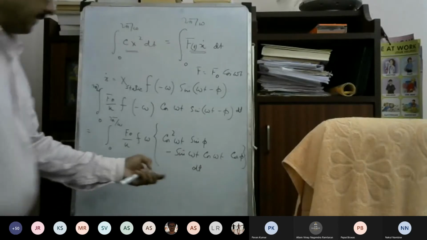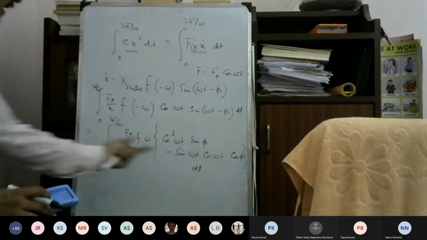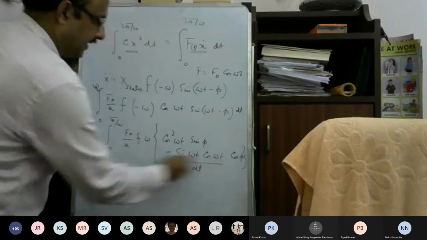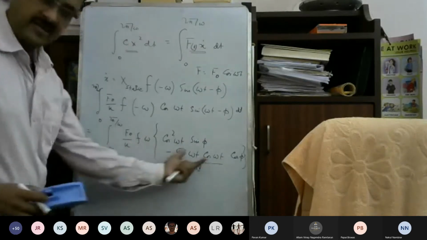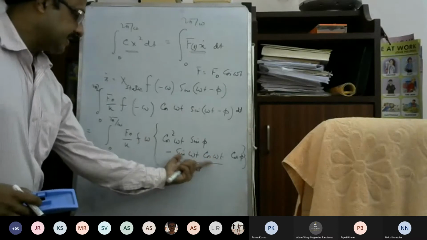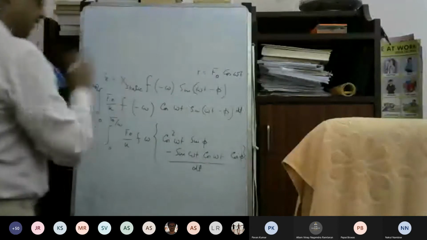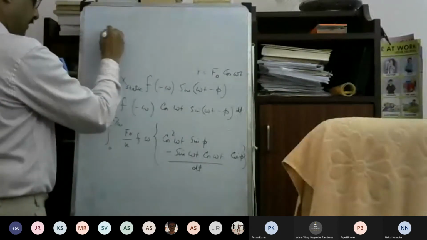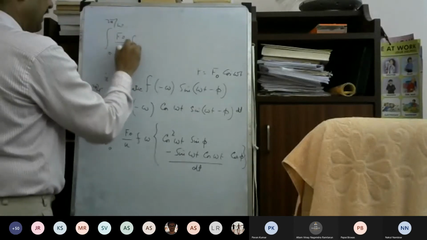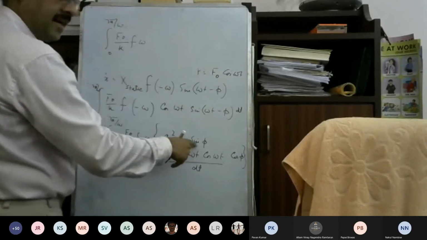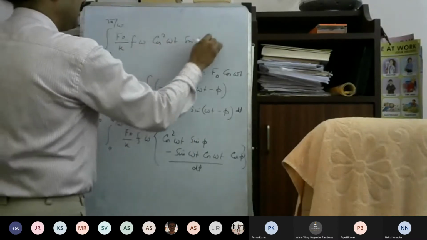You now see one thing, that the integral of sine omega t cosine omega t from 0 to 2 pi by omega becomes 0. Okay, that you can already establish. So the integration of the remaining part will be equal to the integral from 0 to 2 pi by omega of f naught by k f omega and sine phi cosine square omega t dt.